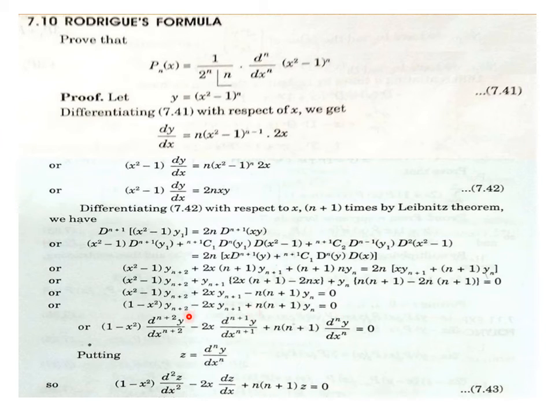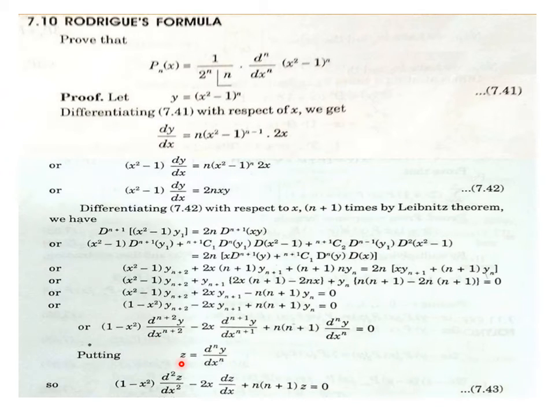Then y_{n+2} is again written in differentiation form, d^{n+2}y/dx^{n+2}, then y_{n+1} means d^{n+1}y/dx^{n+1}, y_n means simply d^n y/dx^n. It is written in detail again. Why? Because of a certain reason.